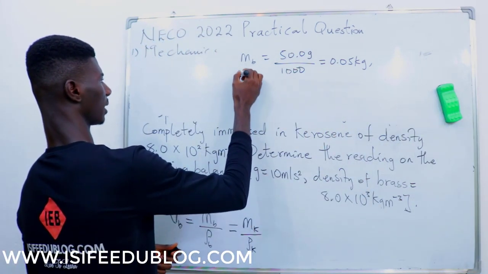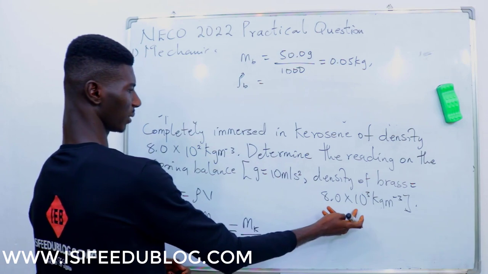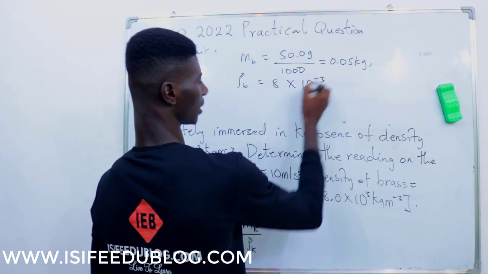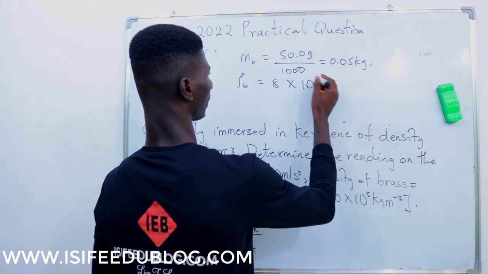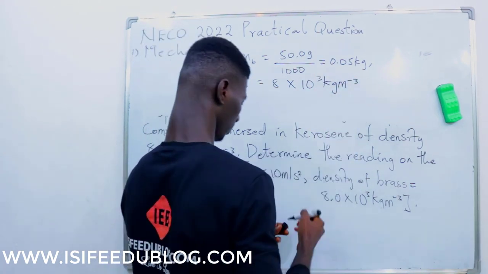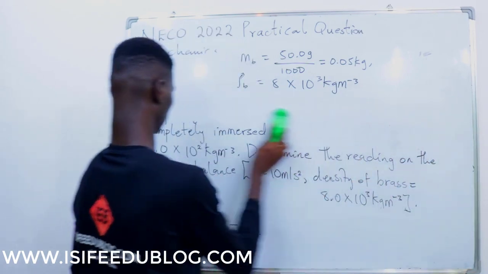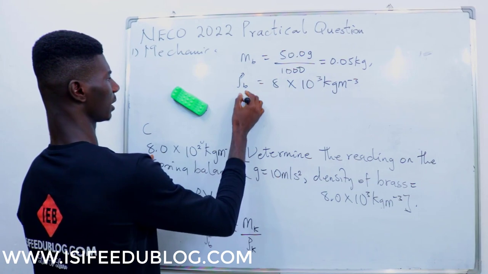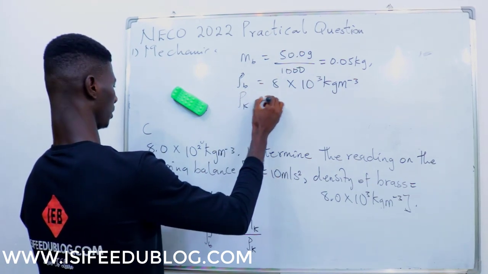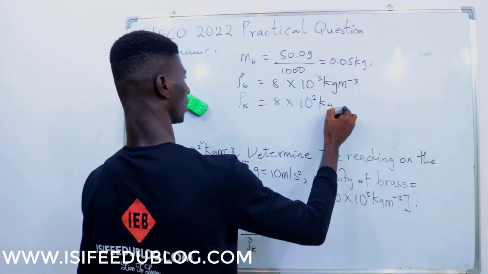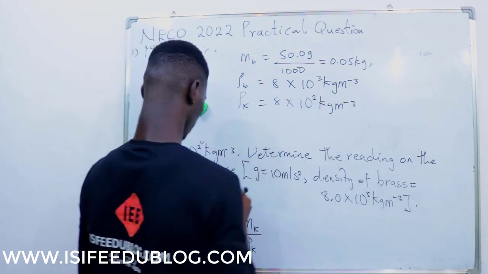The density of brass is in bracket as 8 times 10 raised to power 3 kilogram per meter cube. Then the last but not the least is that of kerosene. So density of kerosene is 8 times 10 raised to power 2 kilogram per meter cube.